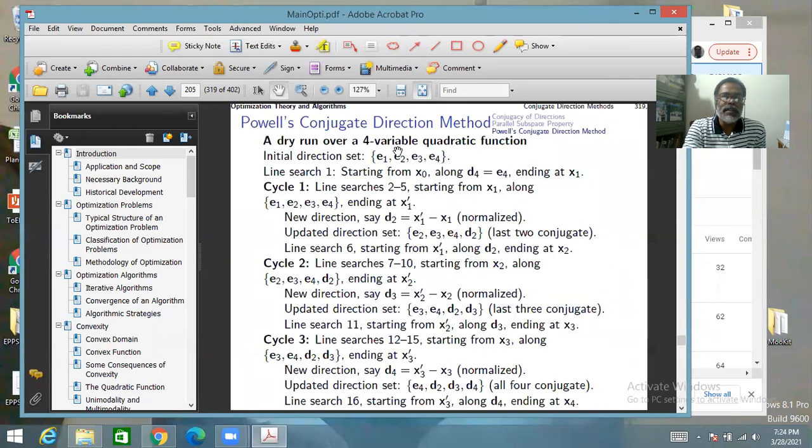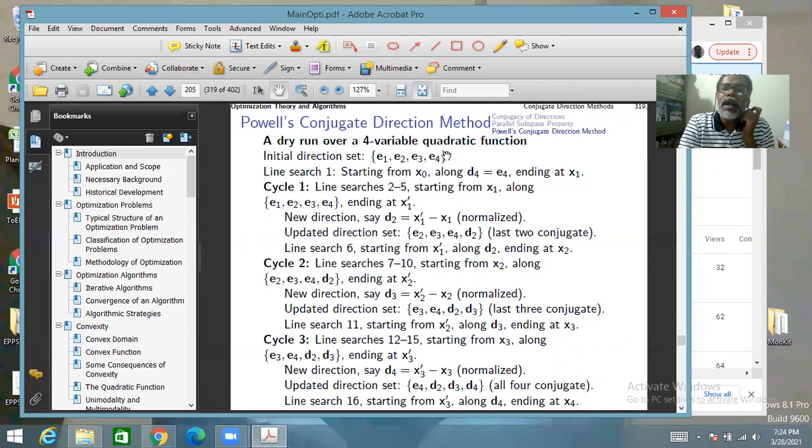If you conduct a dry run, imagine that you are running it over a 4-variable quadratic function. I suggest that you take a 4-variable convex quadratic function and actually run this step by step and see how it works. So before the cycles start, the first line search will be along D4, which is to begin with E4.